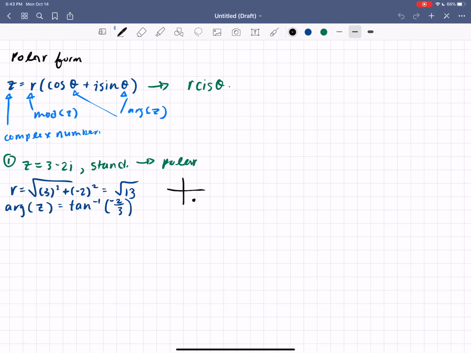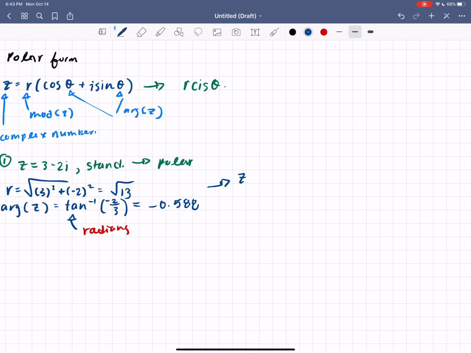So this right here, now we're working in radians. Typically we work in radians when we work in polar form. So switch your calculator to radians, and if you calculate this, you'd see that you get negative 0.588. So if you express this as a polar complex number, you'd get square root 13 of (cos negative 0.588, plus i sine negative 0.588).